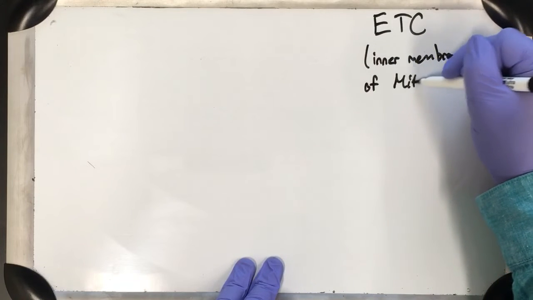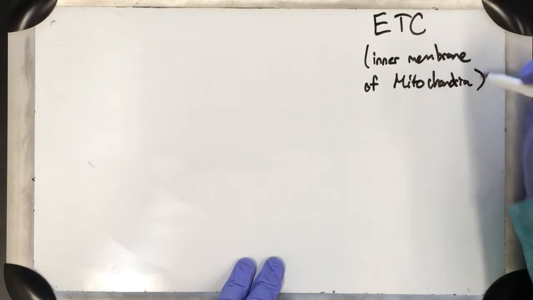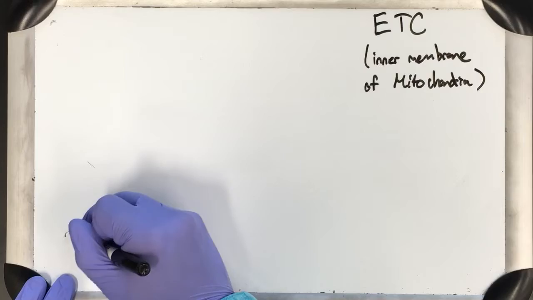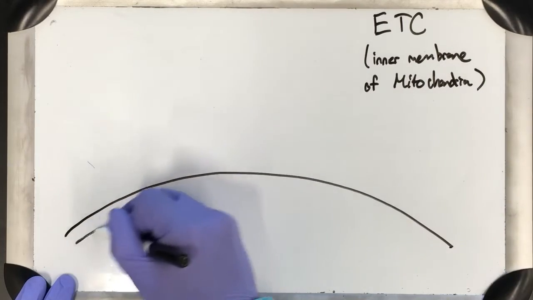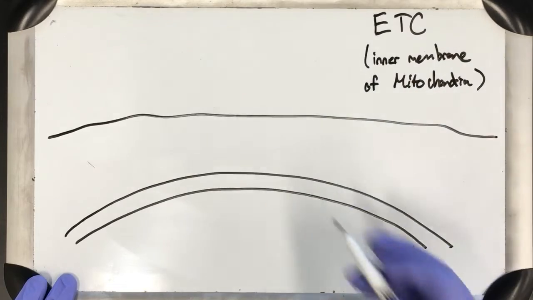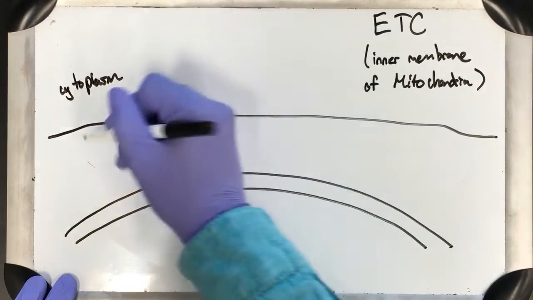And we are going to be inside the mitochondria on its borders. So essentially, here's the cytoplasm of the cell.